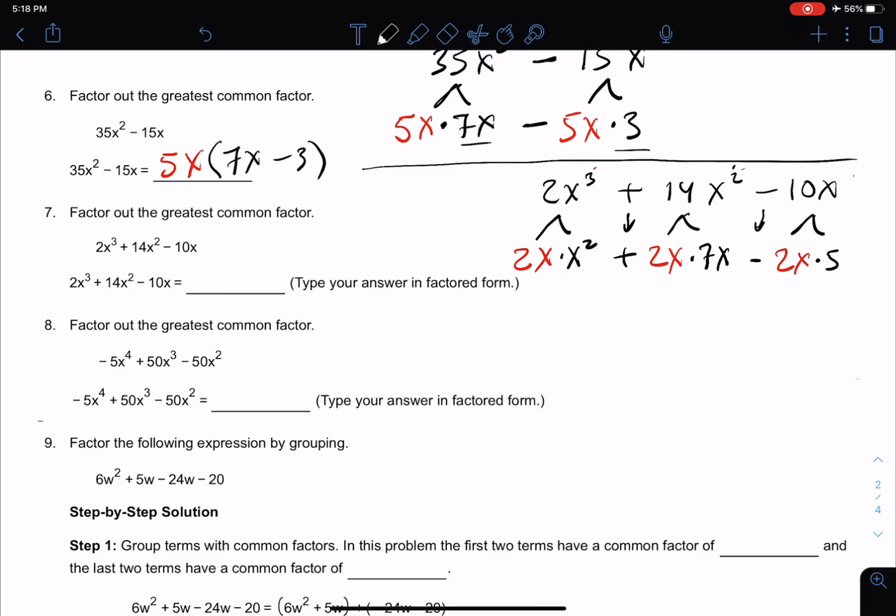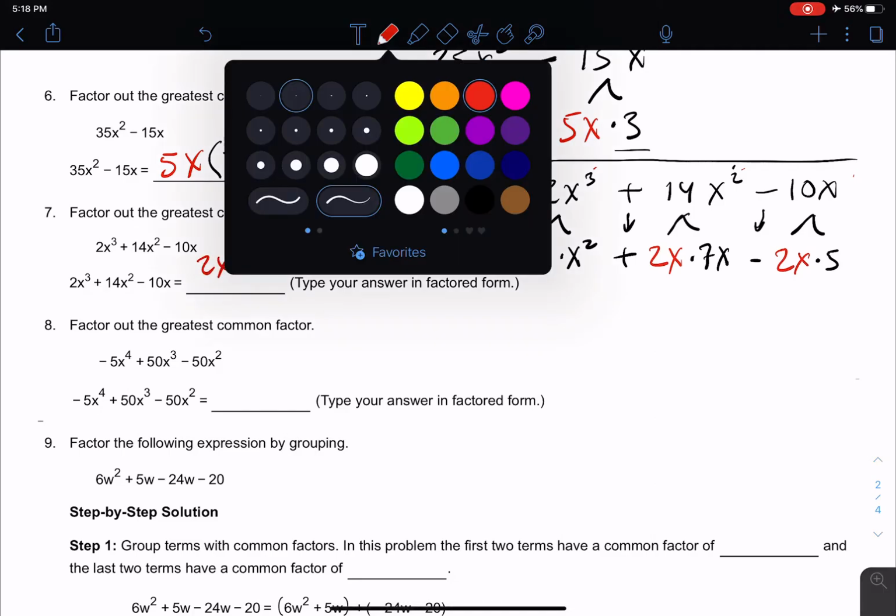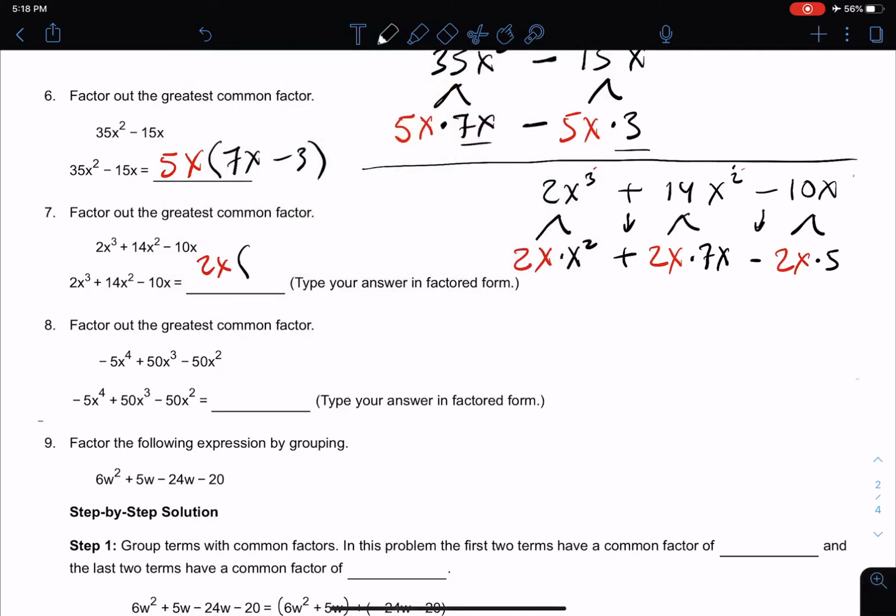And now we factored out the greatest common factor as 2x. What is left inside this trinomial should be x squared plus 7x minus 5. So 2x times the quantity x squared plus 7x minus 5.